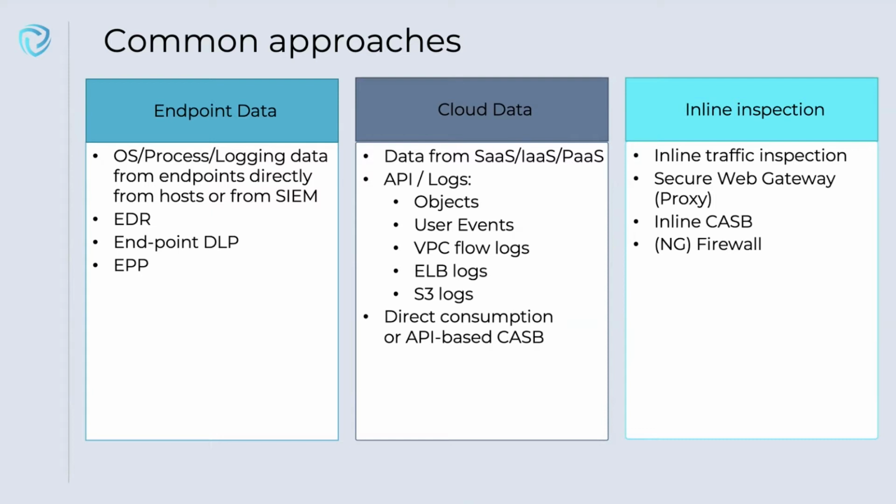A similar functionality is available in inline CASBs right now, which are actually the same proxies, but they are targeting not just common web traffic, but different SaaS applications. And of course, next generation firewalls and firewalls themselves, they do implement some sort of functionality when it comes to application analysis in real time. So maybe let's take a closer look at these approaches and see what are pros and cons here.